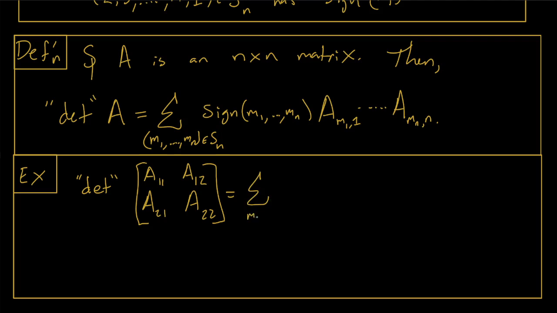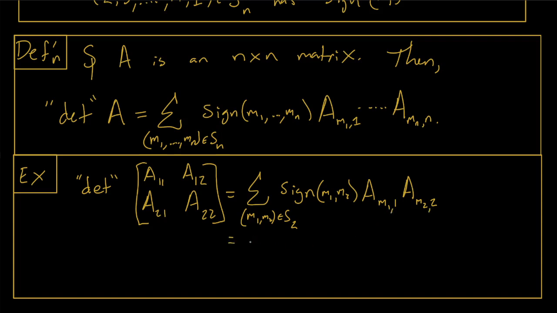So we'll get m1, m2 in S2. Well, I'll take the sign of m1, m2, and then I'll do a_{m1,1} times a_{m2,2}. I'll put commas there to make it really clear what's going on.